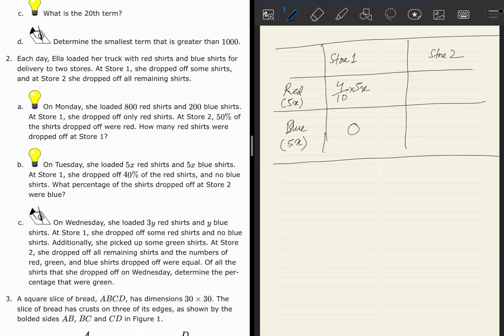Again, the blue shirts at store 1 is 0. So we know that the remaining is dropped off at store 2. That means 6/10 or 60% of the 5x red shirts are dropped off at store 2, and all of the blue shirts are dropped off at store 2.